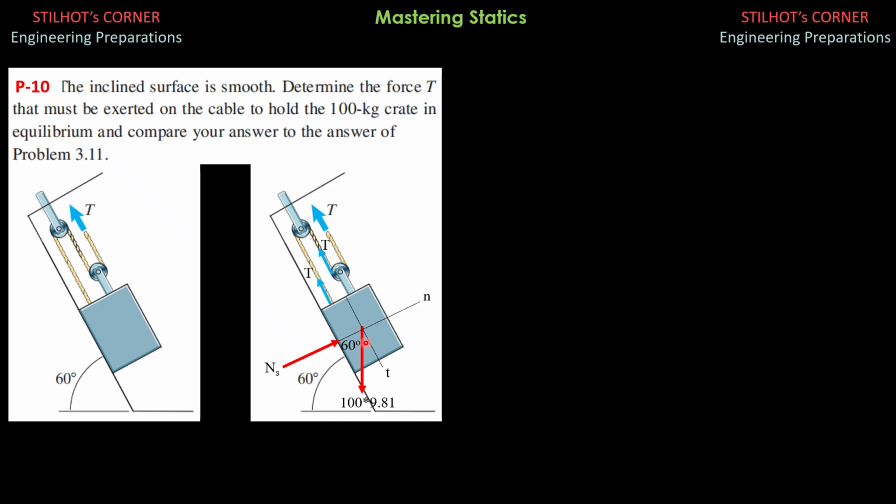So the tangential component of the weight, mass times g, 100 times 9.81, opposite to 60 degrees, is 100 times 9.81 sine of 60 degrees, then minus 3T equals 0. So 100 times 9.81 sine of 60 degrees minus 3T equals 0. So the tension T, which is equal to tension CD, or simply tension, is equal to 283.2 newtons.